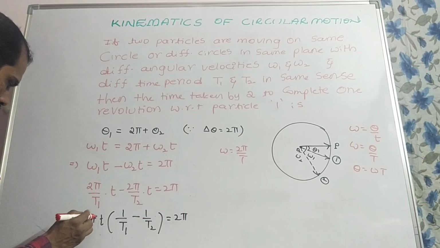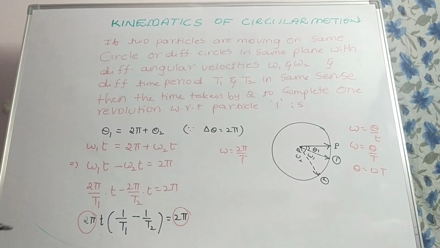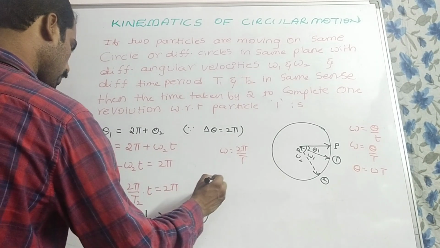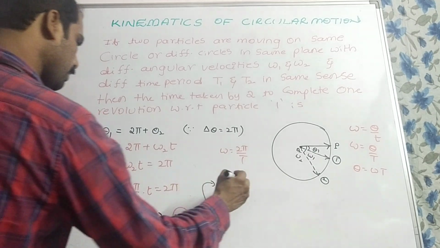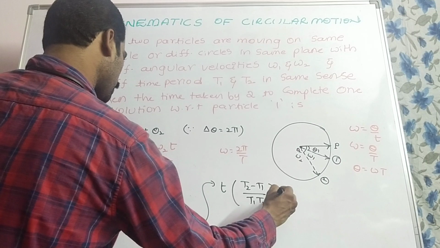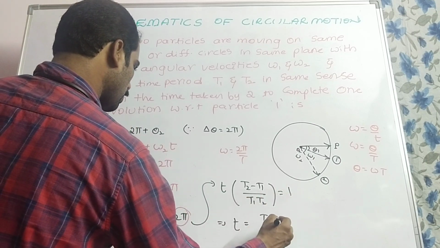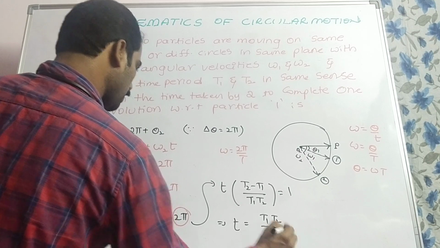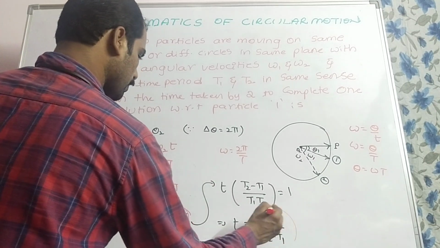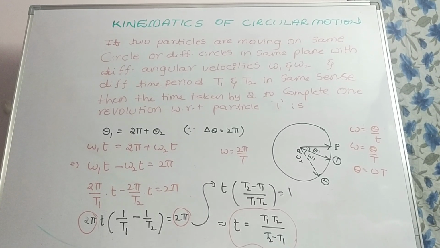Now 2 pi gets cancelled. By taking the LCM, t into (T2 minus T1) by T1 T2 is equal to 1. That implies the time taken t is equal to T1 T2 by (T2 minus T1) is the expression.